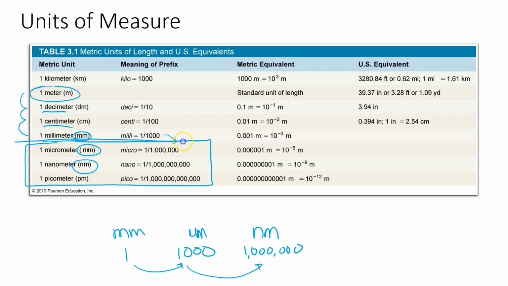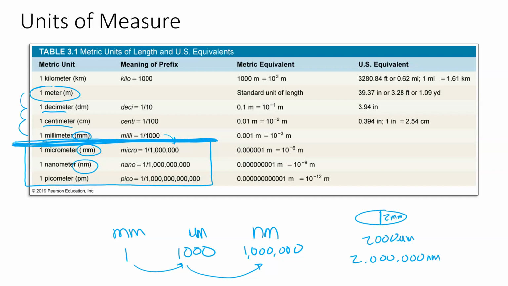If we drew a line here, everything above that line you're going to add a single zero when you convert. Everything below the line you're going to start doing a power of 3 place values, a power of 1,000. So if you have a microbe that is 2 millimeters in diameter, that would be equivalent to 2,000 micrometers, and that would be equivalent to 2,000,000 nanometers.